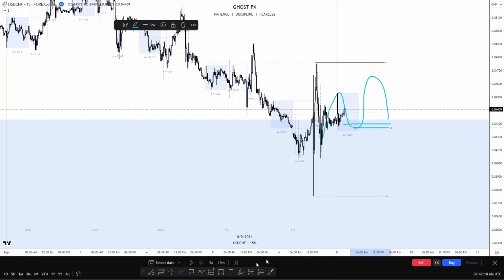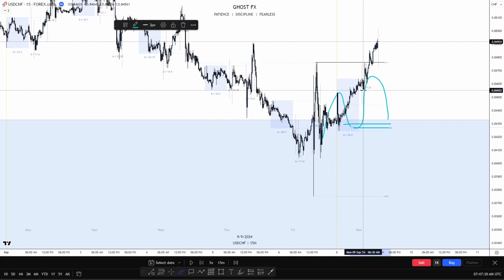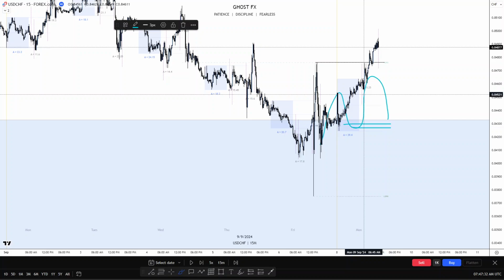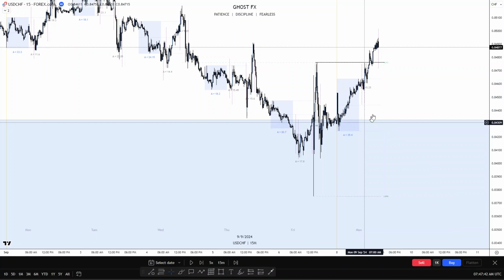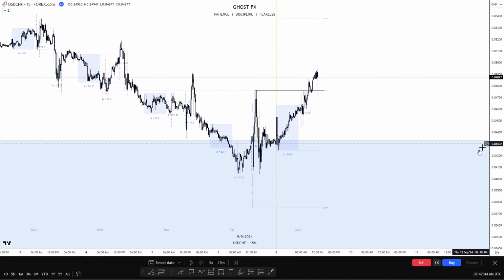Okay, so let's play price forward and see the reaction we have. So we have this Asian session. Now price goes ahead to break structure over there. Internally, we've shifted bullish.